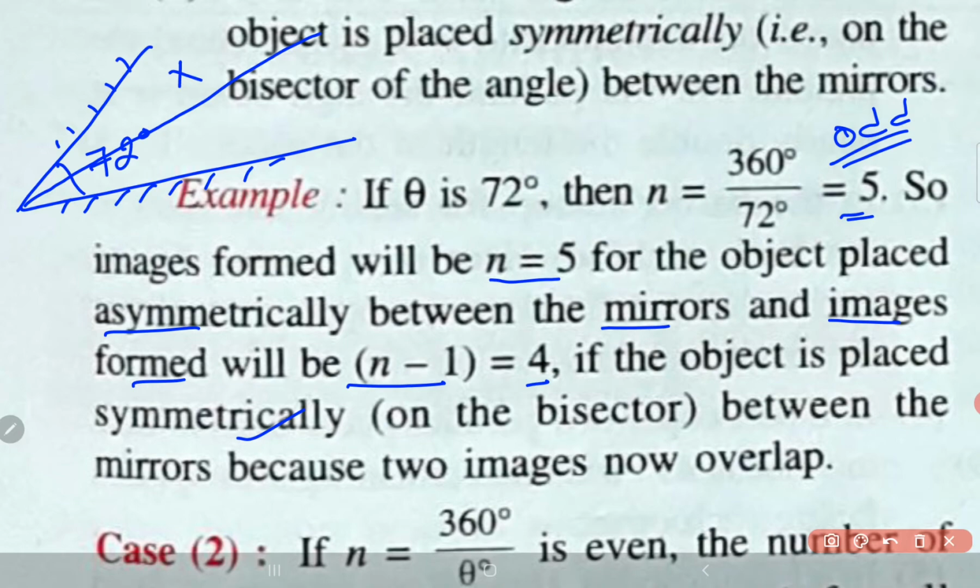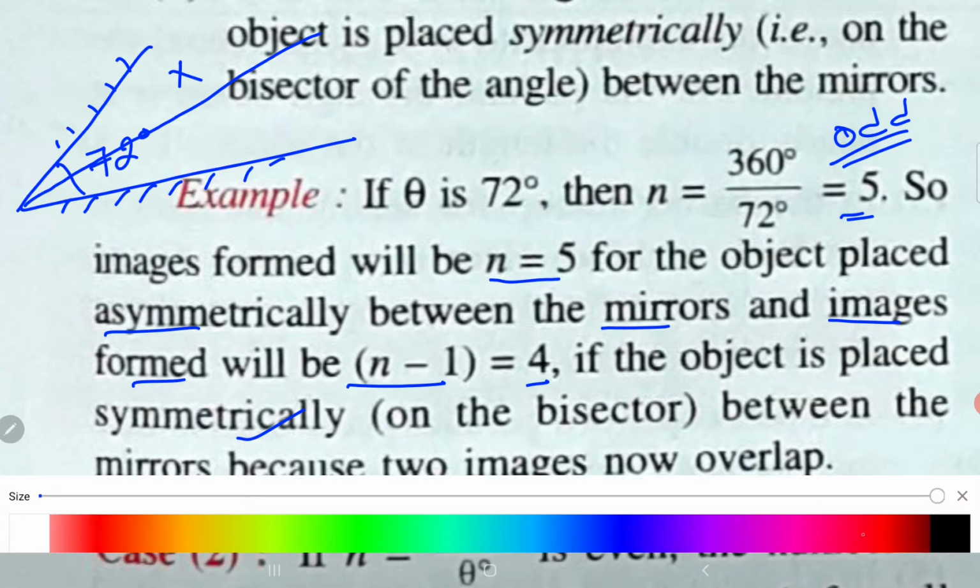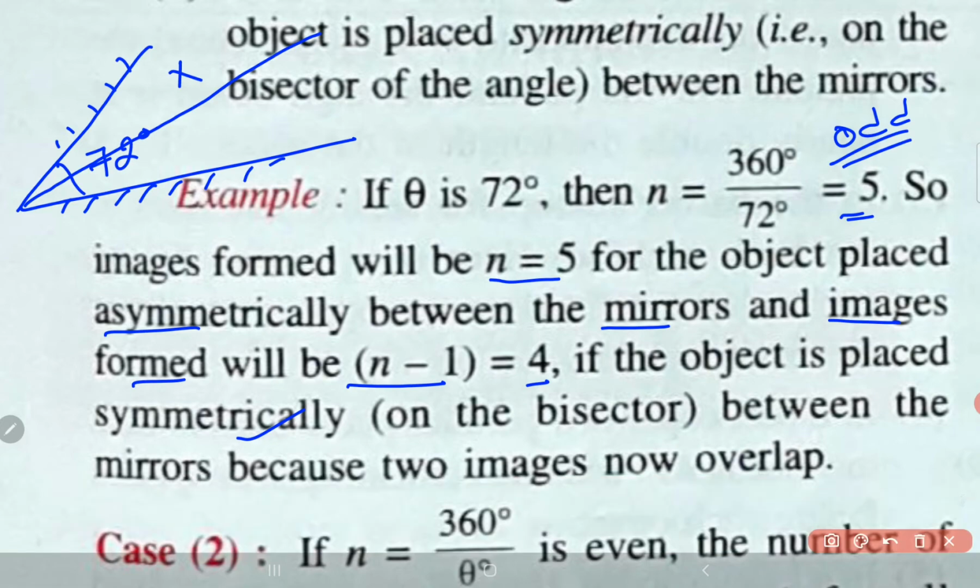If the object is lying somewhere around here or here but not on this line, then that position will be asymmetric. In that condition, the number of images will be 5 only, because 360 upon 72 is 5.